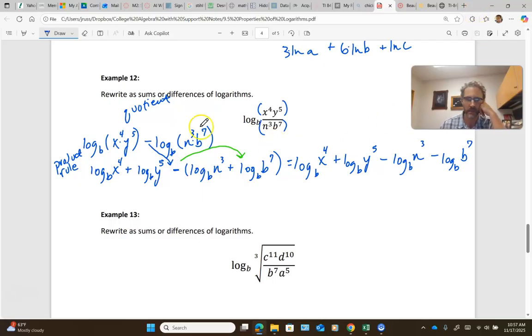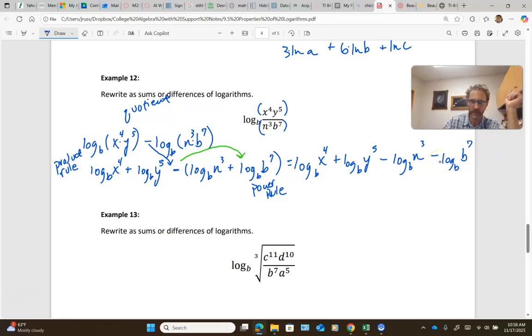So now I've utilized the product rule, so now the last thing that I can do is the power rule. The power rule just says that if I have powers in any of these arguments, I can just move them out in front.